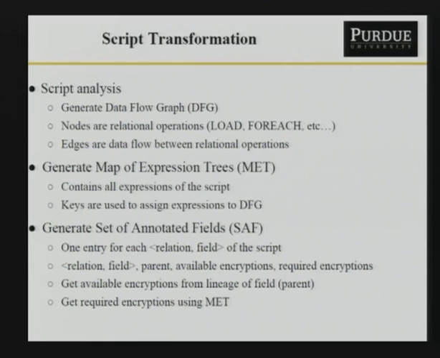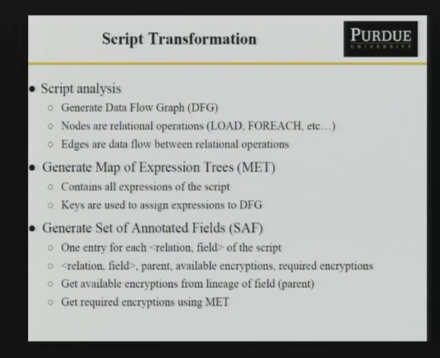So once we do that, we generate a map of expression trees. Each of these operations might contain expressions, and we parse all these expressions, and we generate a map containing all these expressions, and we keep track of which tree belongs to which operation. And finally, we generate a data structure called a set of annotated fields.